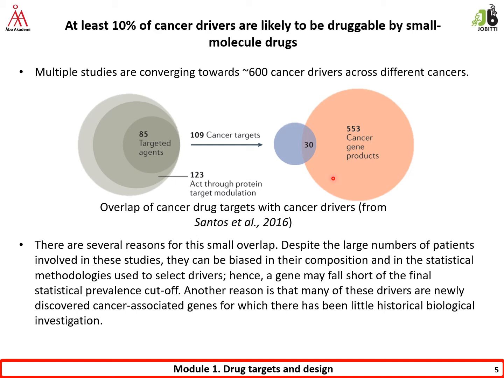Moreover, 5 more drugs act through unknown or non-protein targets. If we compare the lists of consensus 553 cancer drivers to the list of 109 protein targets of the 85 protein-targeted cancer drugs shown in the figure, we can find only a small overlap between the two sets, which is equal to around 30 proteins.